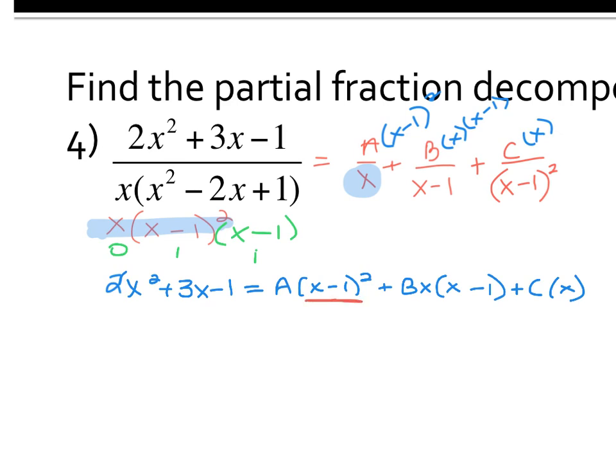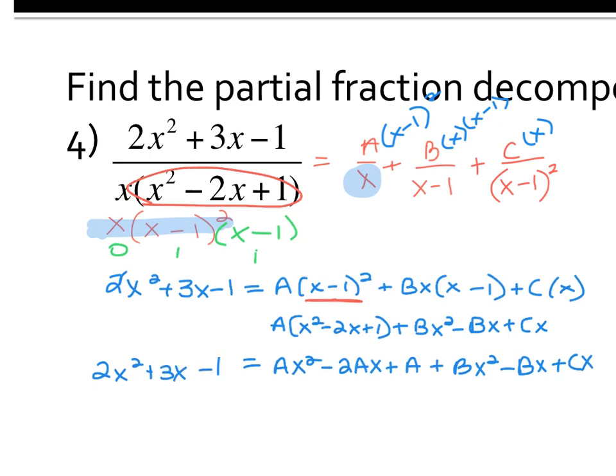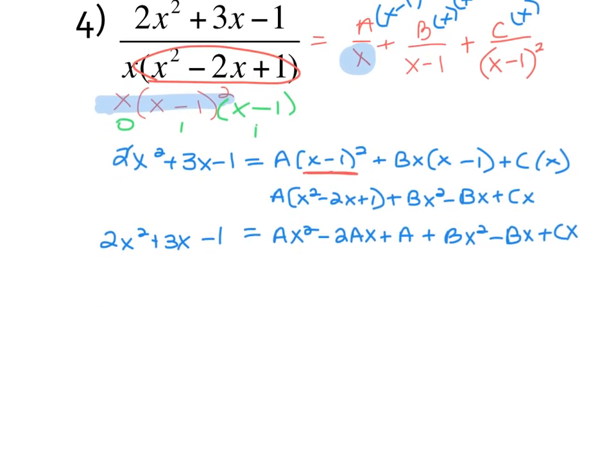So I know x minus 1 squared is x minus 1 times x minus 1. It's also already up here. So that's a times x squared minus 2x plus 1 plus bx squared minus bx plus cx. So ax squared minus 2ax plus a plus bx squared minus bx plus cx equals 2x squared plus 3x minus 1. Now I'm going to group together all the x squared terms.